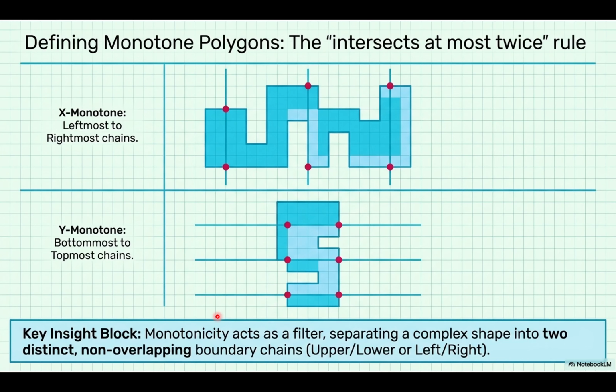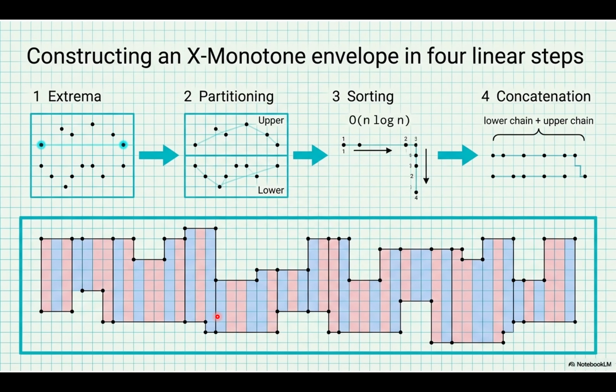It completely looks like overhead at first glance, until you realize the alternative is a processing bottleneck that literally brings the system to a halt. Okay, why? Because when a standard algorithm processes a complex, unrestricted polygon, it constantly has to backtrack. Think about it. If the shape spirals inward, the algorithm has to verify that an edge on the left side doesn't secretly intersect an edge it already processed on the right side.